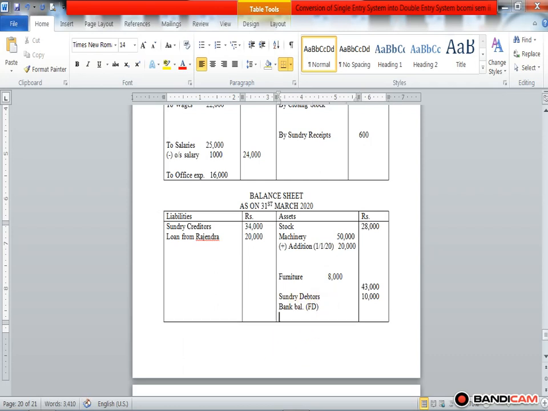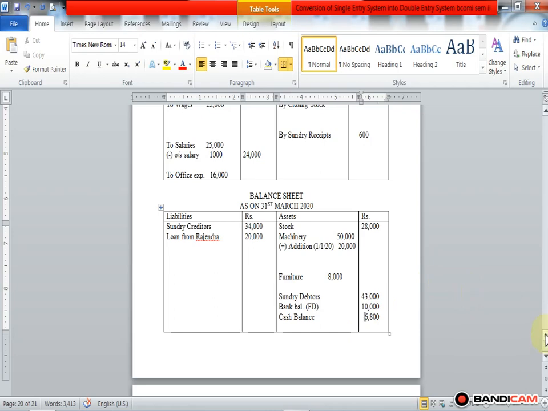So here cash balance amounted to rupees 6,800.